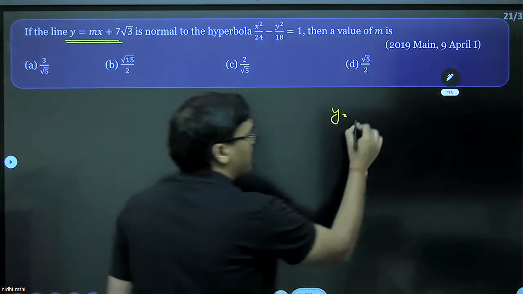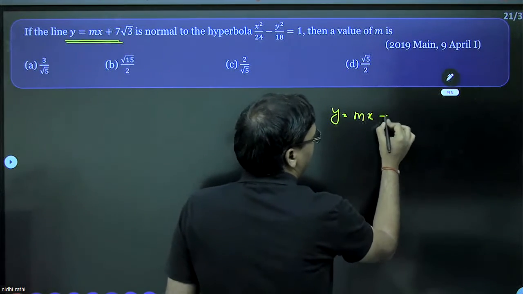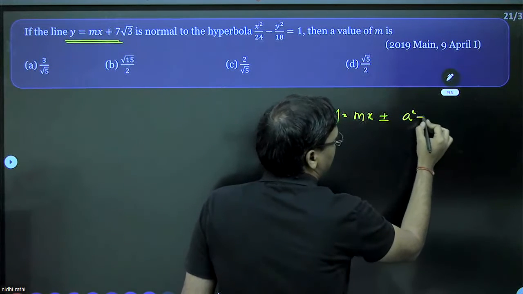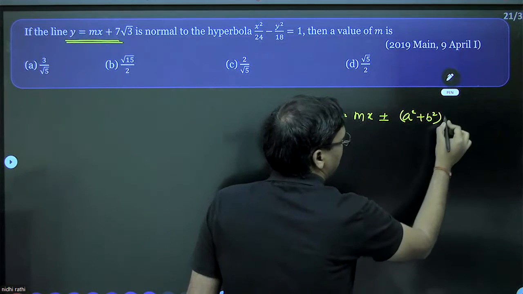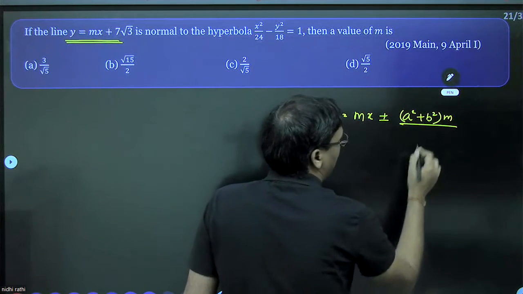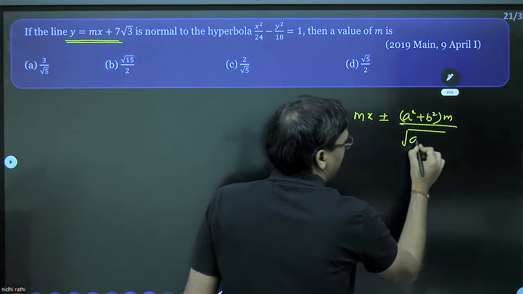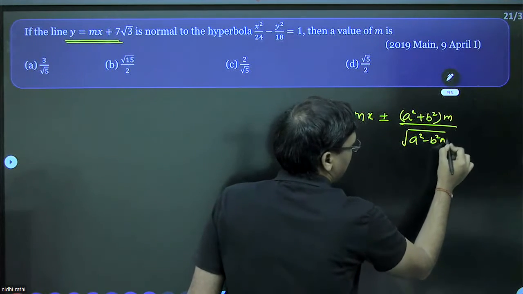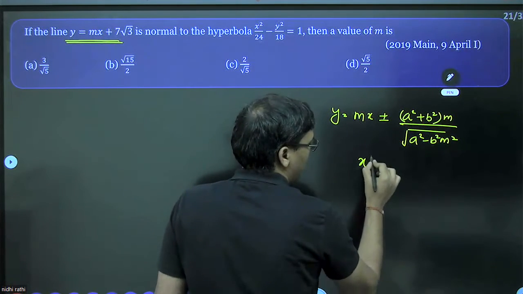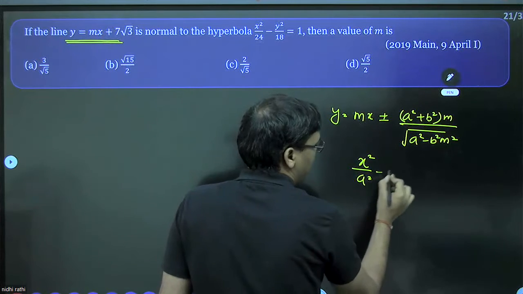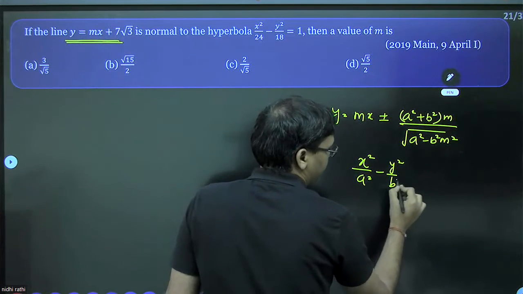This is y = mx ± (a² + b²) m upon under root of (a² − b² m²). This is the equation of normal with slope m to this standard hyperbola.